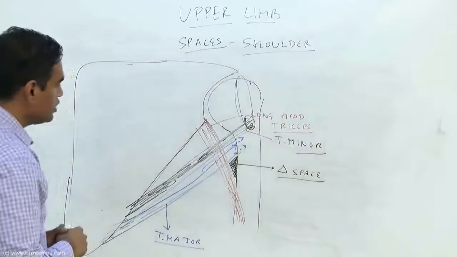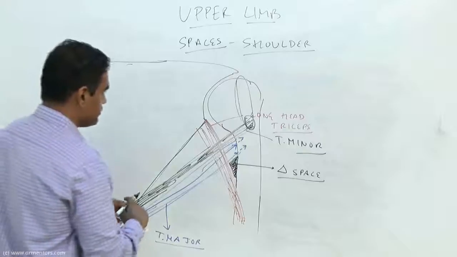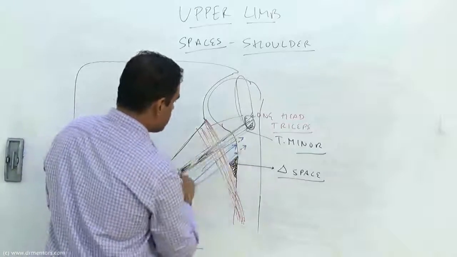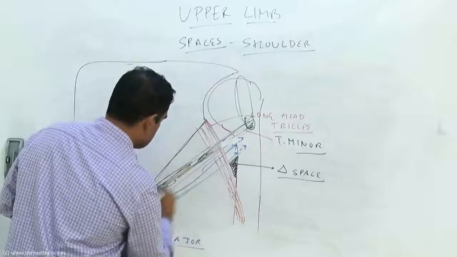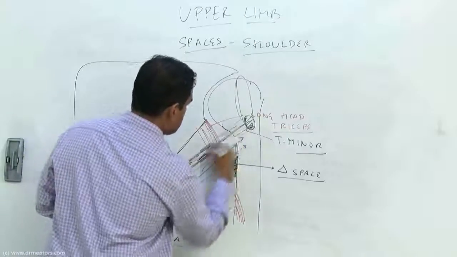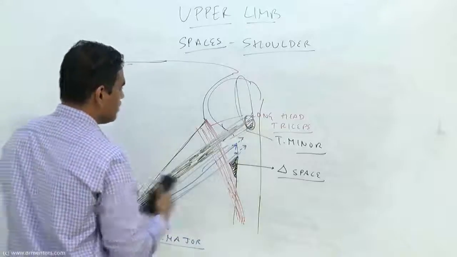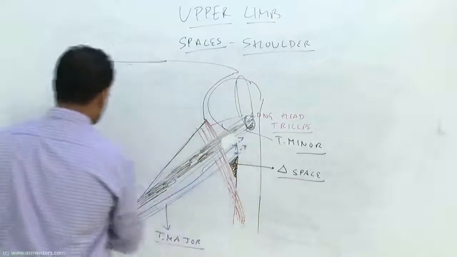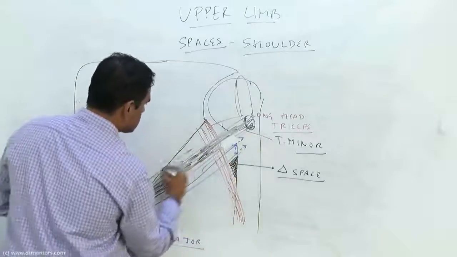This is the teres minor. On the point of insertion, there develops a space.